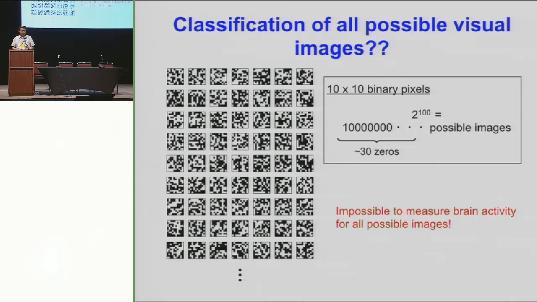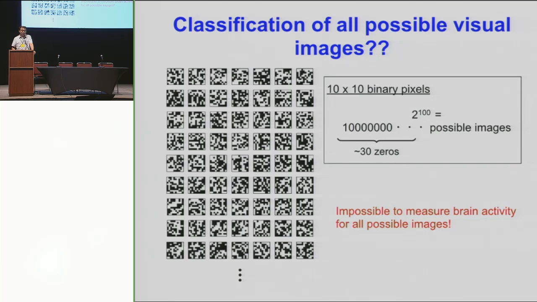But if you want to decode a brain image into a visual image, using the conventional method, you have to present many images to obtain training data.